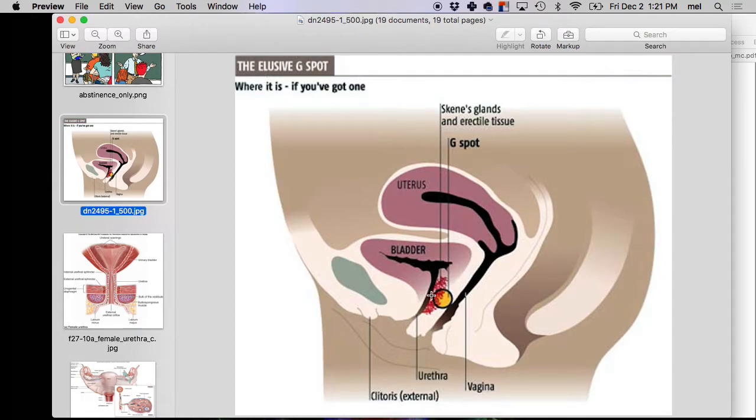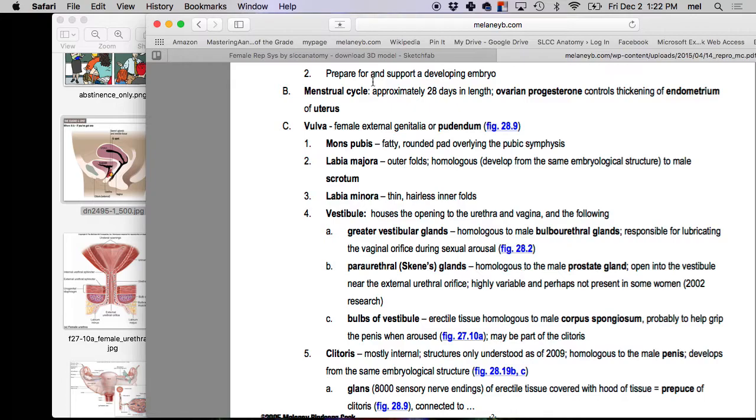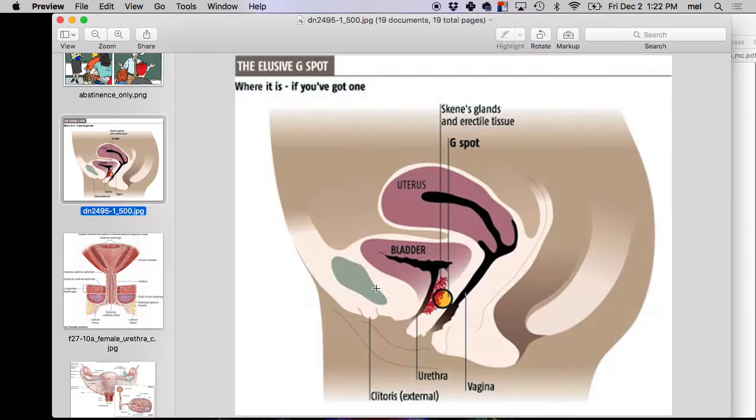So in between the posterior wall of the urethra and the anterior wall of the vagina, at least some women, but we do not know how many, have glandular tissue called the Skene's glands or the paraurethral glands. And those glands are homologous to the prostate in males. Now, if this were a male, wouldn't the prostate be right there? Yeah, it would be right there. So this is about the same space.